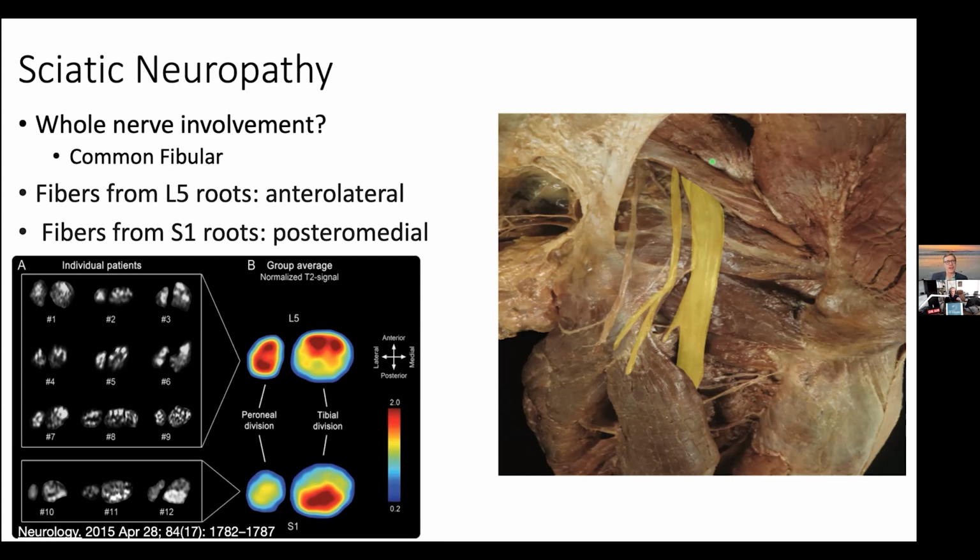It's the common fibular branch that will go through the piriformis. And if that's the case, every time that piriformis muscle contracts, it's going to be clamping down on that common fibular nerve, which certainly will lead to more deficits being shown in that common fibular division. In addition to that, it's just more laterally located.